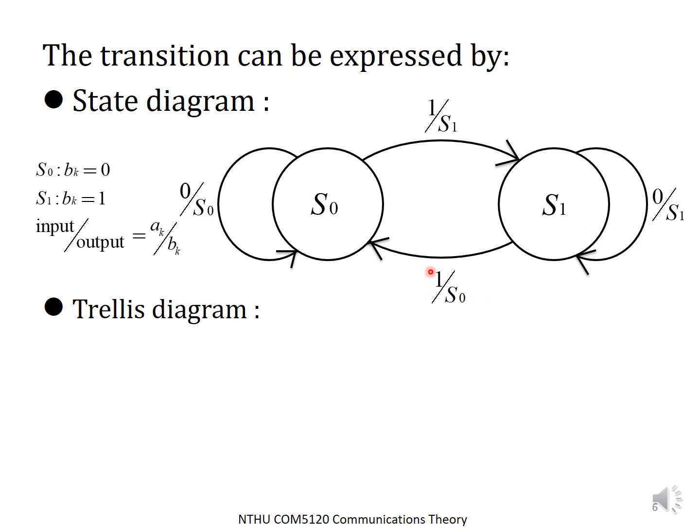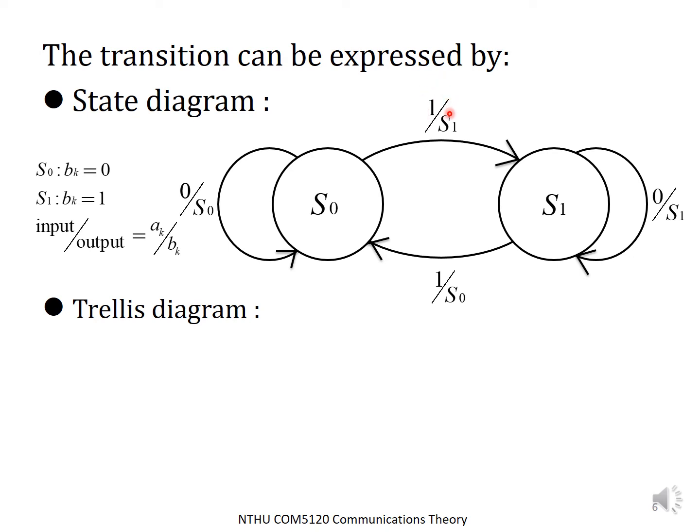If the input is 1, then the output symbol will make a transition. So this state transition diagram could be used to describe the behavior of this DPSK.